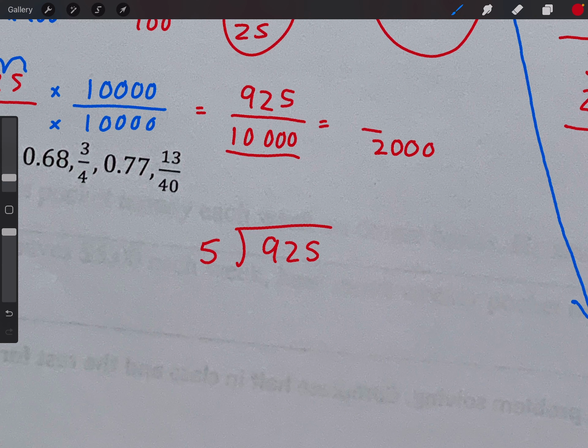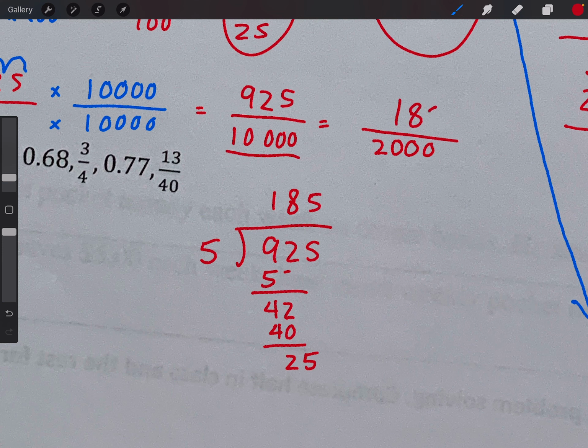And then 925 divided by 5. 9 divided by 5 is 1, 5 take away, you get 4. 42 divided by 5 is 8. 5 times 8 is 40. Subtract, you get remainder 2. And then bring the 5 down. 25 divided by 5 is 5. So therefore this is 185.